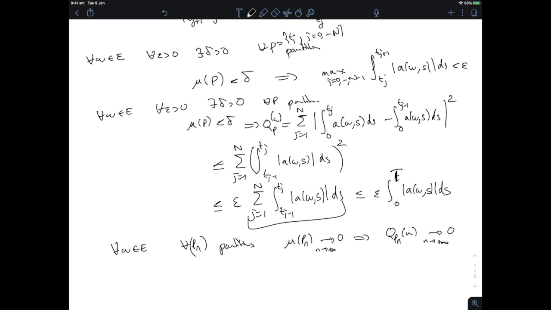So what we have is that for every partition, when the step size goes to 0, Q_{P_n} goes to 0 almost surely, because E has probability 1, and that is even stronger than having convergence in probability.